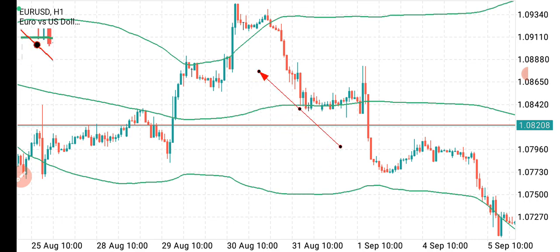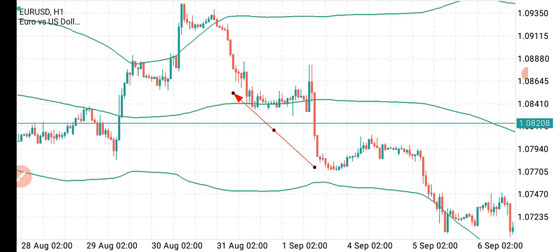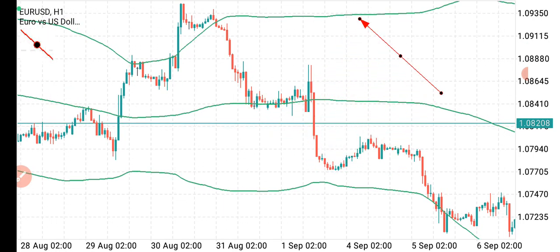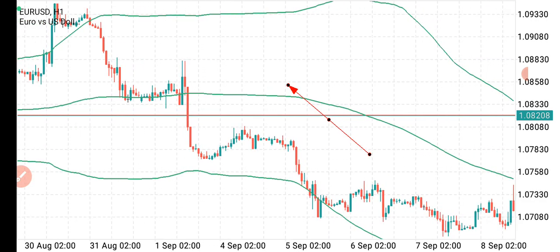And whenever price moves from the upper band, it moves towards the direction of the middle band. And when price gets to the middle band, it has to make a decision of either a continuation to the upside or to the downside. And whenever price moves back to the middle band, there is a tendency for the price to move back.